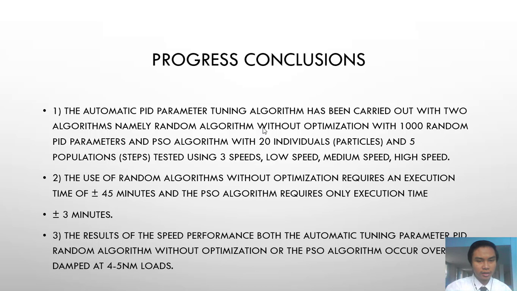And then number 3, the result of the speed performance of both auto-tuning parameter PID, random PID algorithm without optimization and the PSO algorithm, occurred overshoot at 5 Nm loads.